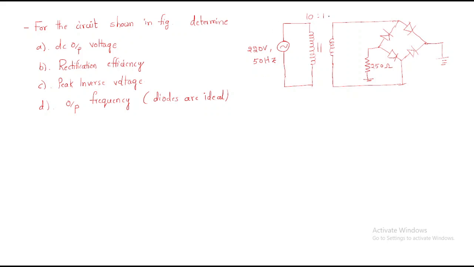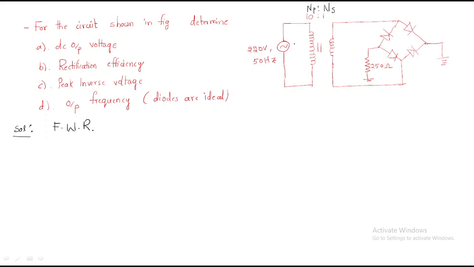This is the transformer, with the primary turns and the secondary turns. If you observe the diodes, these are bridge connected diodes. We have 4 diodes, that's why it is a full wave rectifier. So the given circuit is simply a full wave rectifier, right?